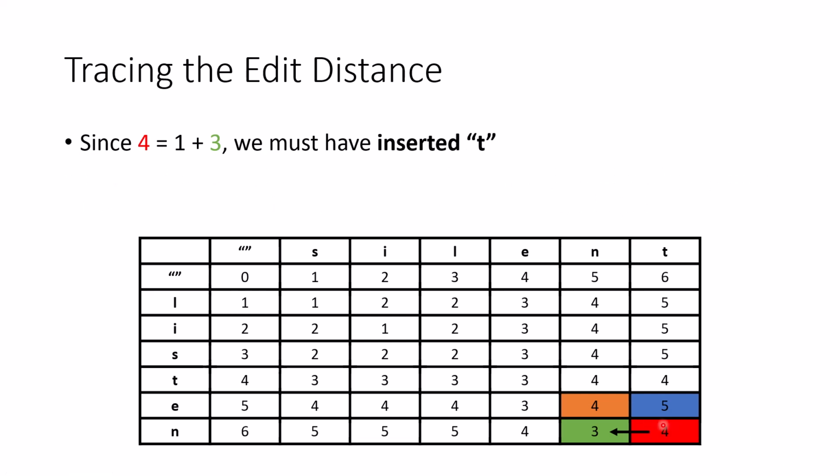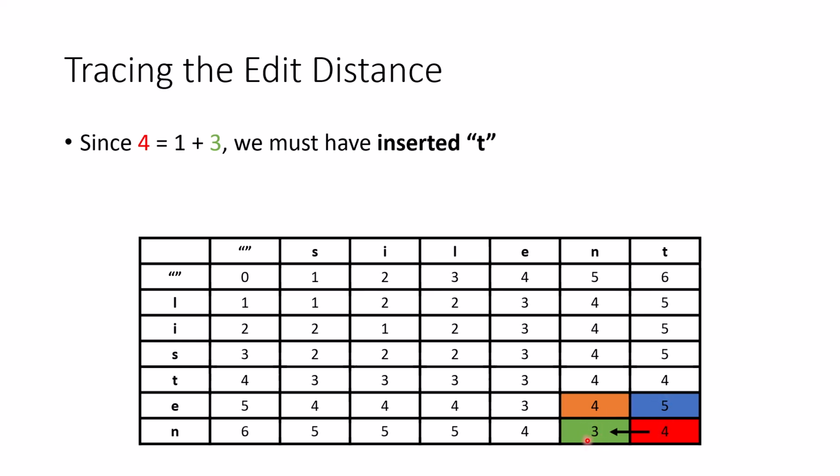All you've got to do is start at the last element of your cache, the bottom right, and we're just going to try to put back together the pieces. We know that 4 is equal to 1 plus the minimum of either this guy or this guy over here, and we just need to know which it is. We know that 4 is just going to be 1 plus 3. It's not 1 plus 4, it's not 1 plus 5, we know it's 1 plus 3.